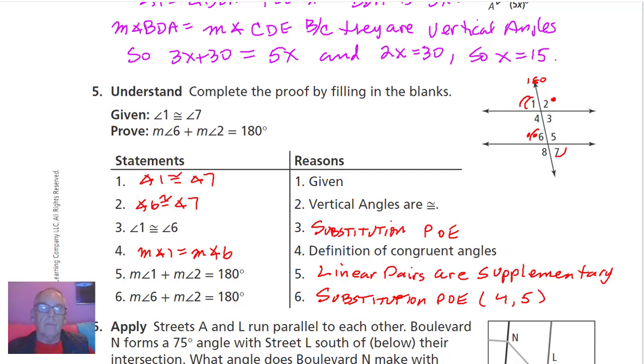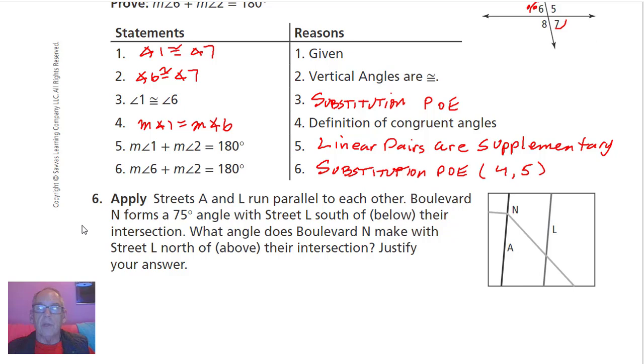Okay, let's look at number 6, the last one here. So A and L are parallel streets. N forms a 75-degree angle with L south of the intersection.